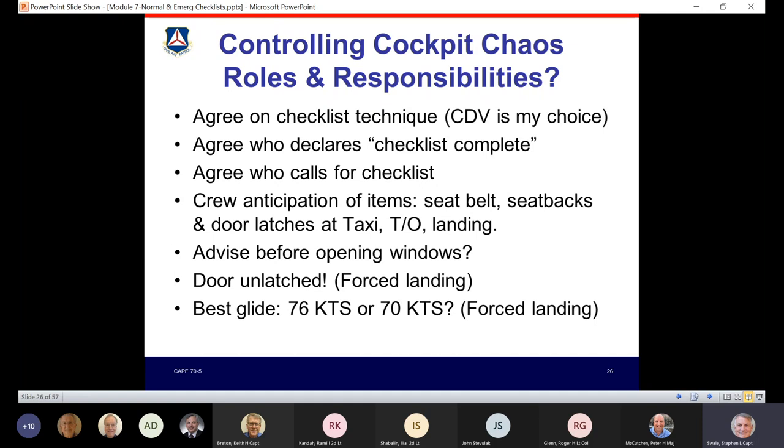I like it when in a crew, instead of having to ask somebody two or three times and waste time, the crew can anticipate what's coming next. So we all get in the airplane, and everybody knows that when we get to the before starting checklist, someone that's running the checklist is going to read off seatbelts and shoulder harnesses.